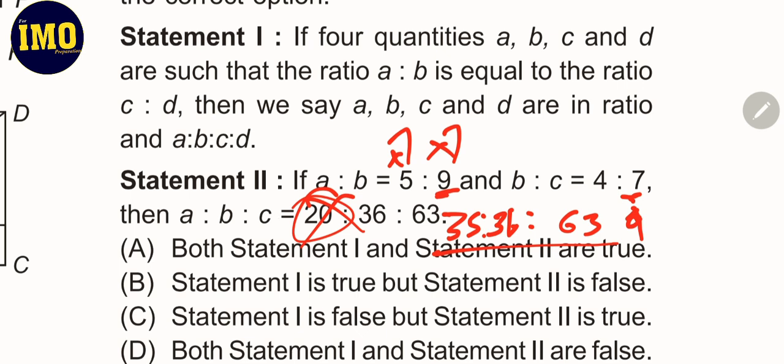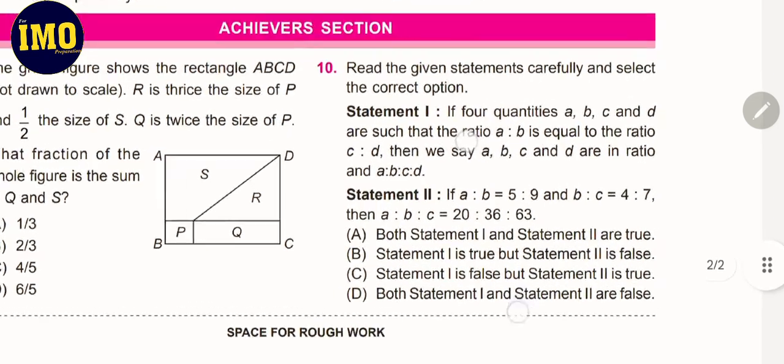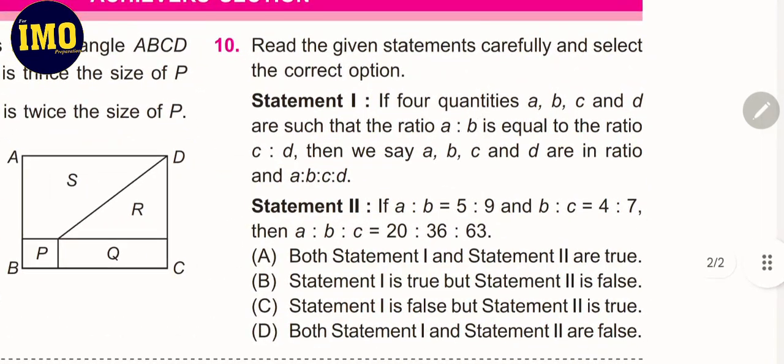Sorry, we need to solve this question again carefully; I think I missed something. A to B is 5 to 9, B to C is 4 to 7. B is the common number between both, so we need to convert B to the same value. B is 9 here and 4 there, so 9 times 4 is 36.